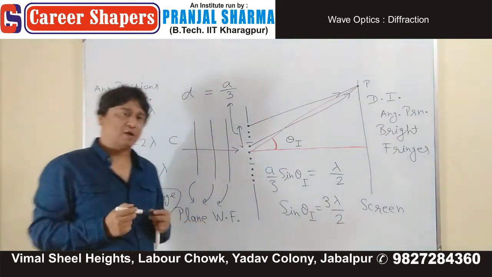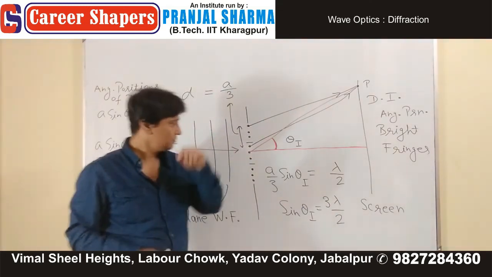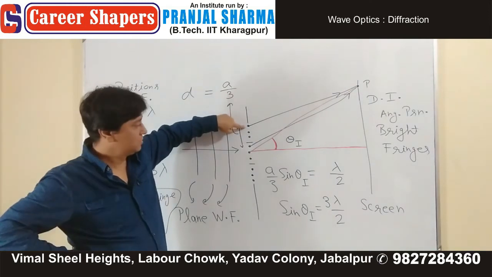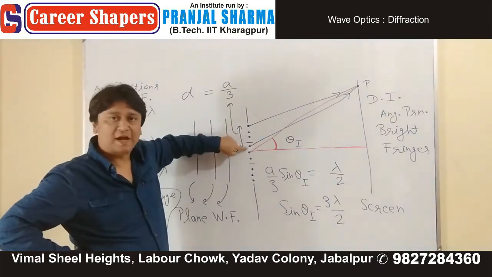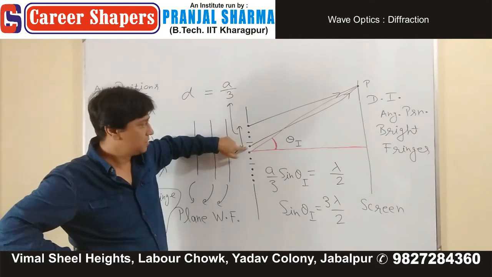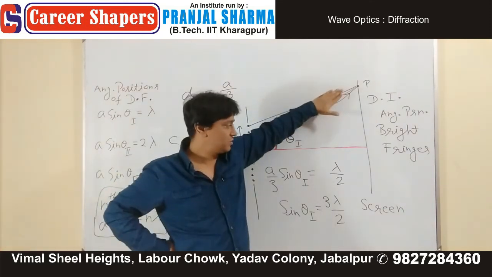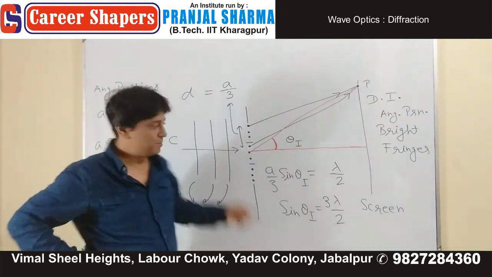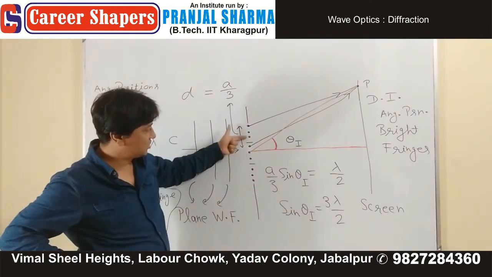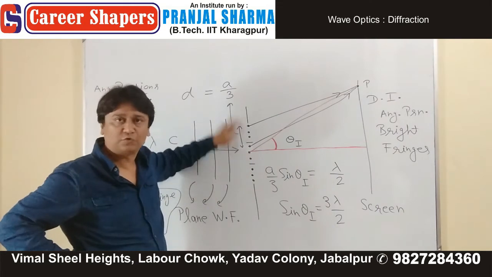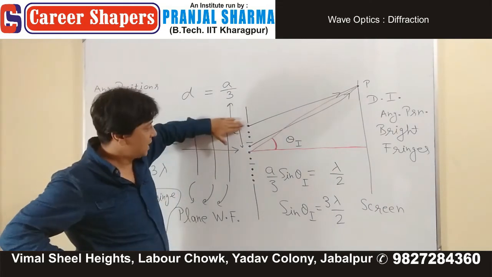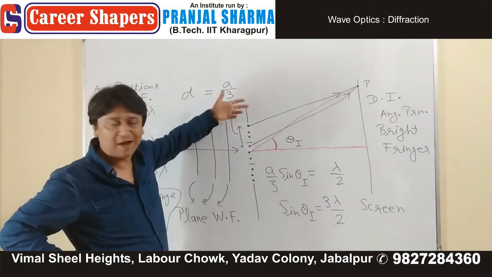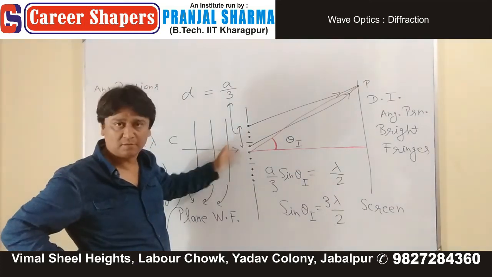But now understand what is happening. The first secondary source of the first partition and the first secondary source of the second partition have a path difference of what? Lambda by 2. And the same is the case with second, third, fourth, fifth, sixth. As many secondary sources as are present in the first partition, that many are present in the second one.